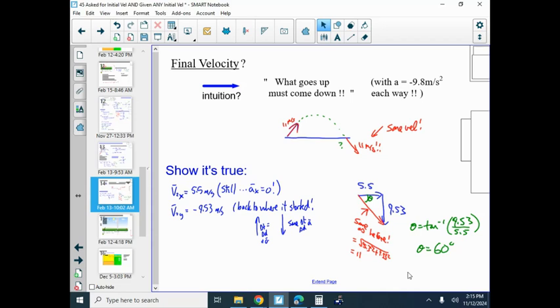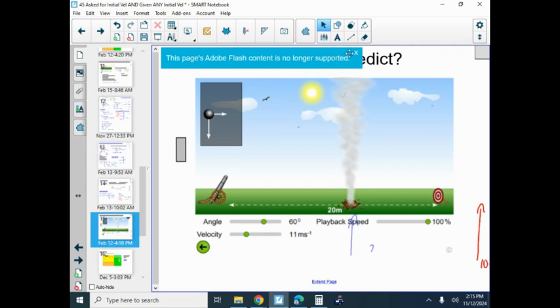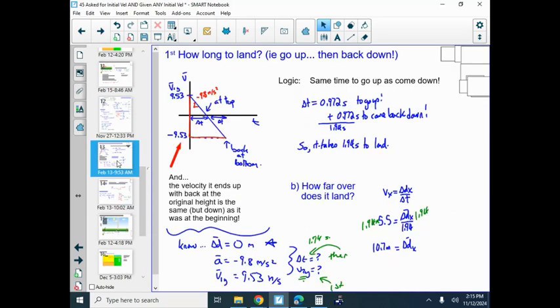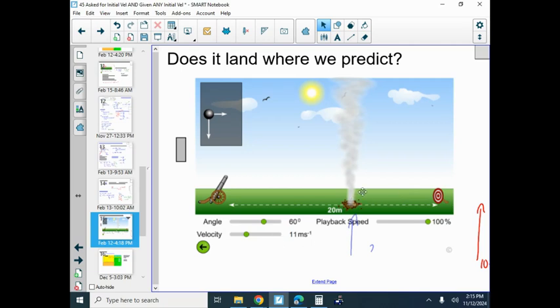Okay. So this applet here, if it still runs. Yeah, this is another one of those Flash ones that doesn't work anymore, but basically it launched and landed. In the applet anyways, the way it worked, hitting the target would be a different question, I guess, right?